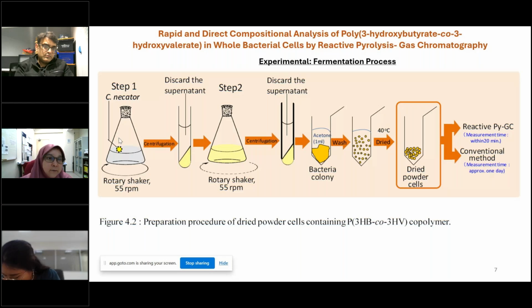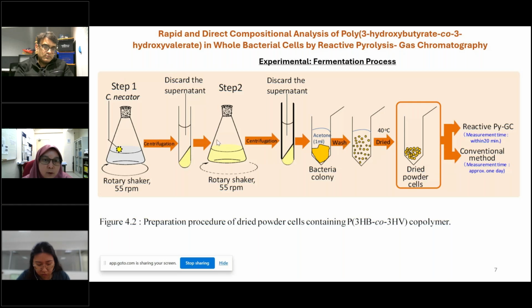In the first stage of fermentation, we do bacteria proliferation. We increase the number of bacteria in this first step. Then, using a shake flask after overnight culture, we centrifuge and discard the supernatant. We get the cells.